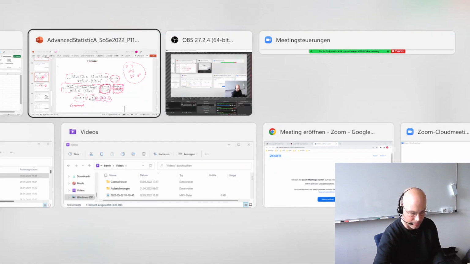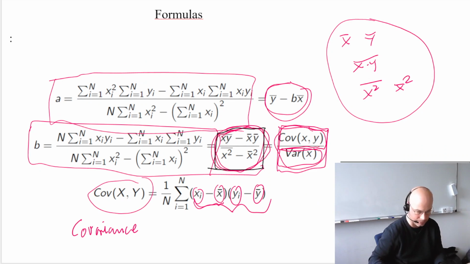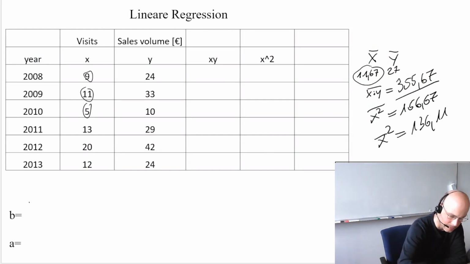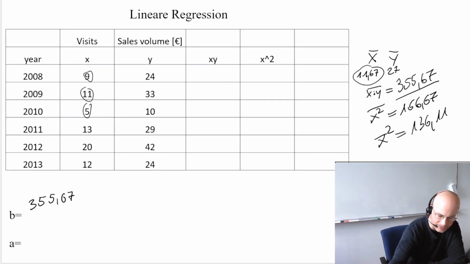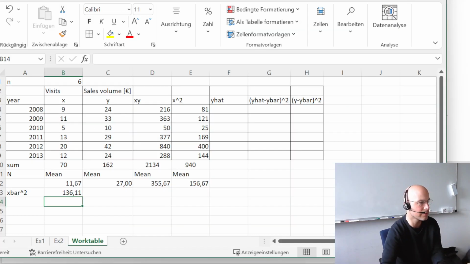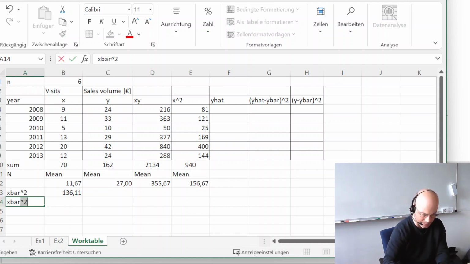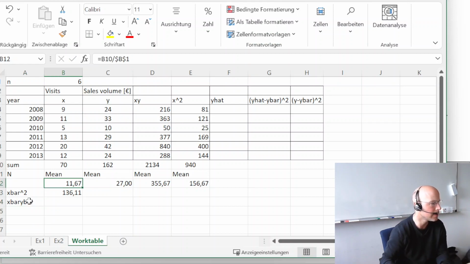So b equals 355.67, the mean of x times y, minus the product of these two numbers.